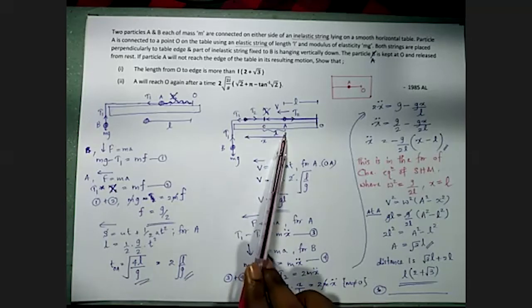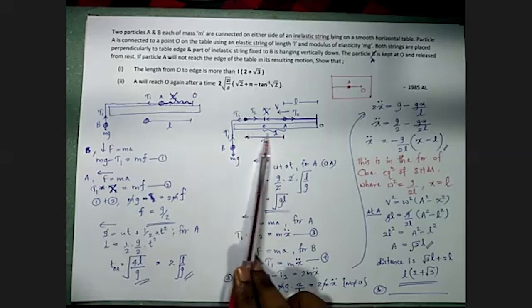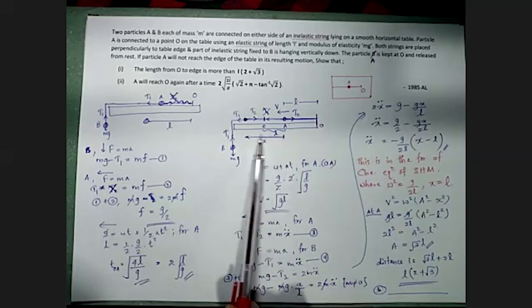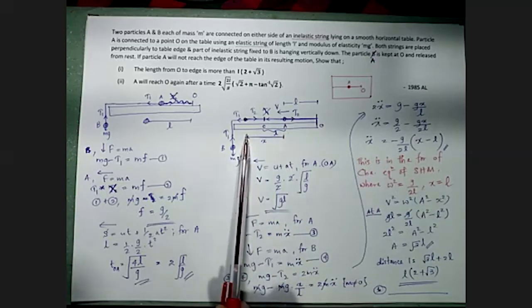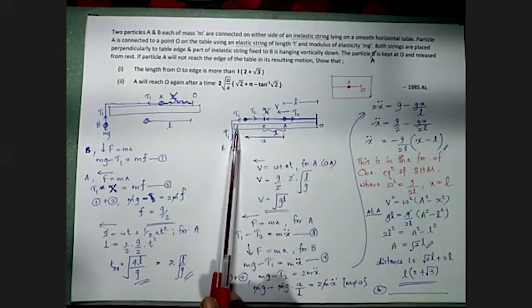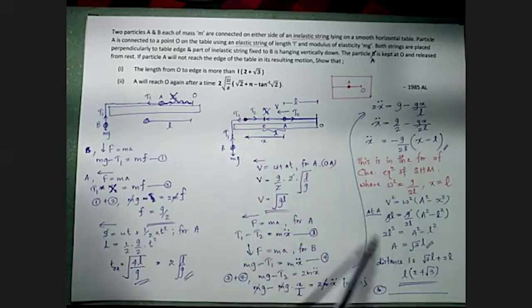After that, it is performing a simple harmonic motion. So this is regarding that simple harmonic motion. Now we have to find the time taken by this particle to complete this simple harmonic motion, which is from A to this extreme point where we have our amplitude.